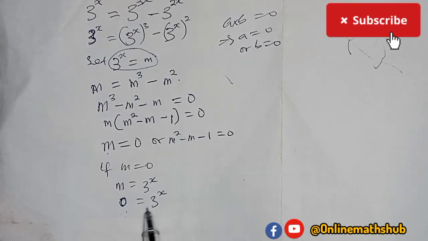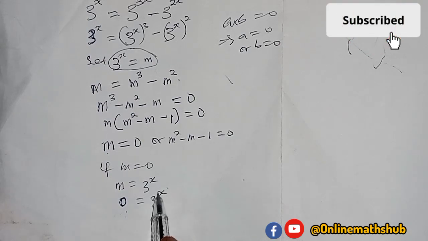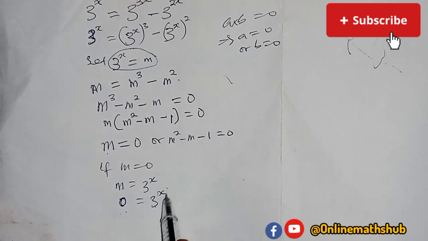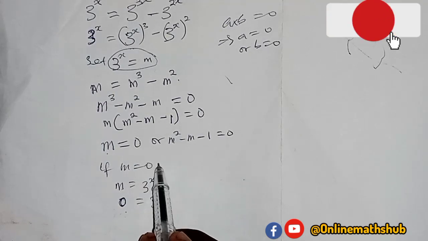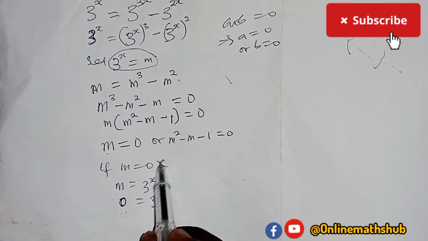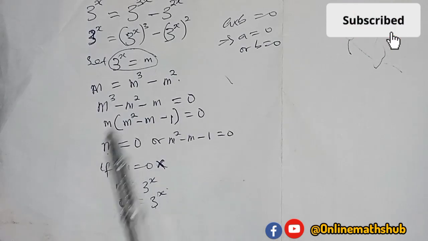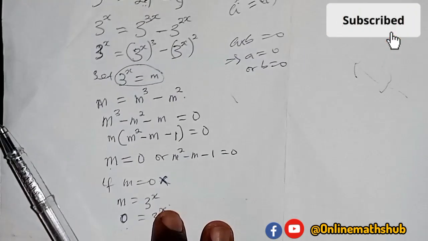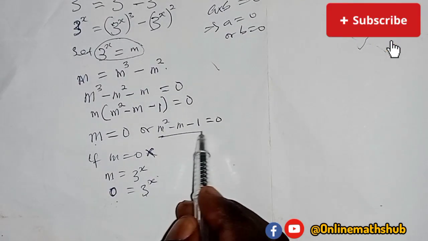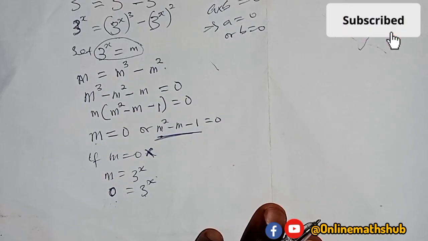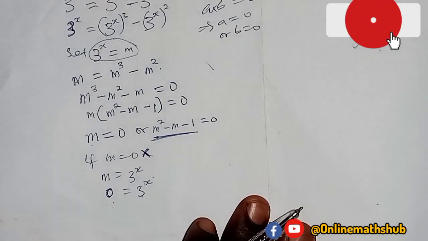From here you can see that there is no single value of x for which if you raise 3 to it, it's going to give you 0. Which means that m equal to 0 cannot be our answer. So you cannot satisfy this question right here. So what we need to do again is resort to this second one right here and see if we can get a solution for the problem.